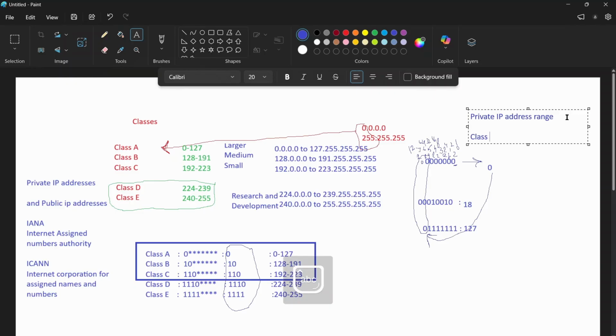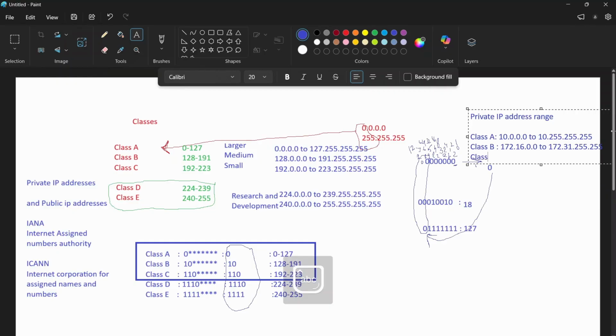Class A: 10.0.0.0 to 10.255.255.255. That is the class A private IP address range. Class B: 172.16.0.0 to 172.31.255.255.